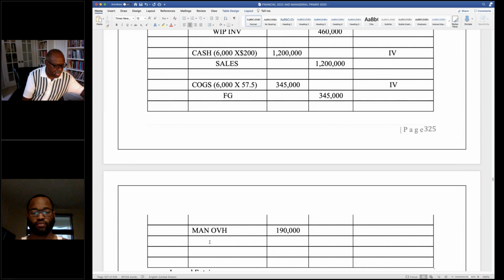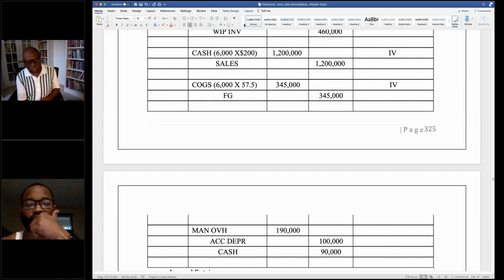And we're going to credit accumulated depreciation for the 100,000. And we're going to credit cash for 90,000. So that's what that journal entry looks like.